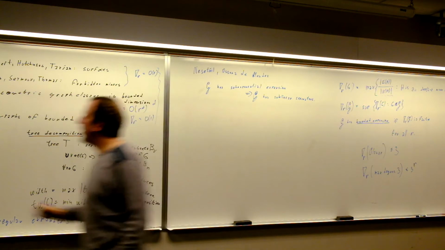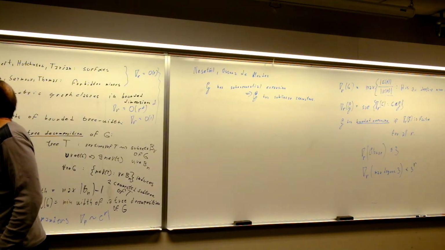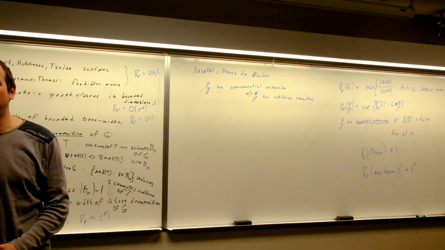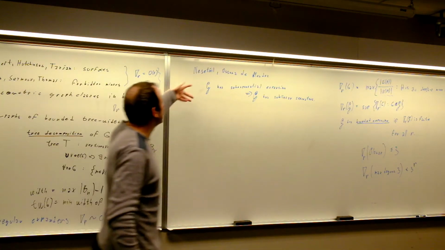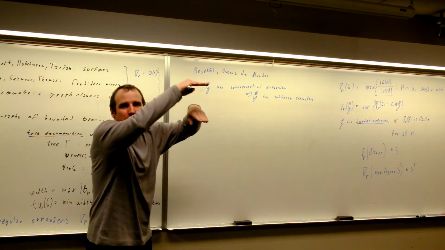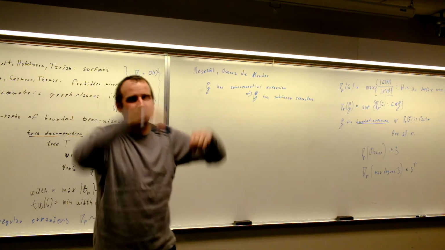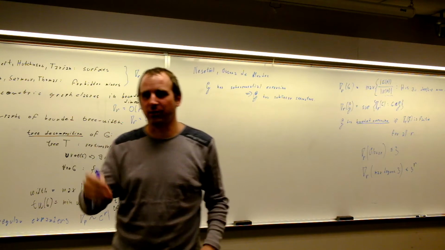So it has balanced separators bounded by some function of n, which is sublinear. And of course, as you get closer and closer to the exponential expansion, the bound that you will be getting on the sublinear function gets worse and worse.